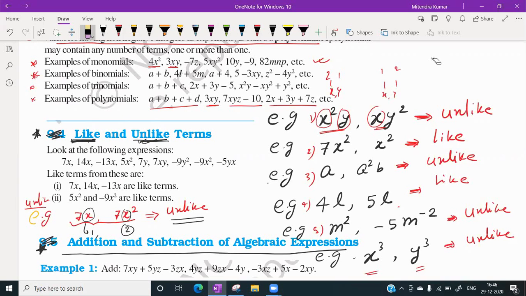Noted everyone? Yes, sir. Okay, so next give the heading addition and subtraction of algebraic expression.